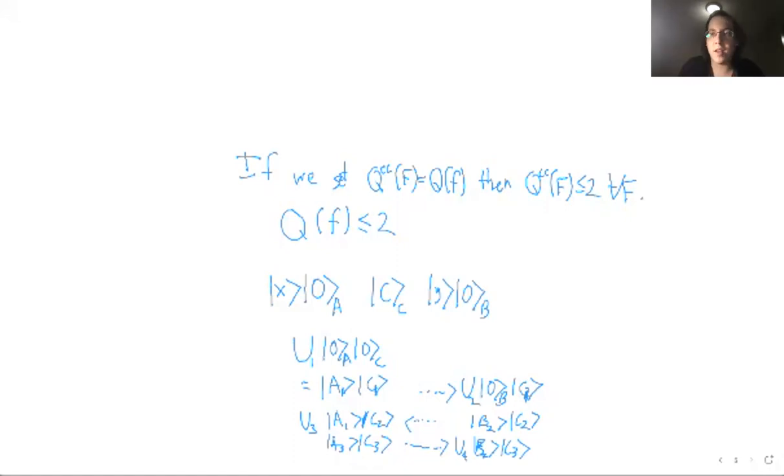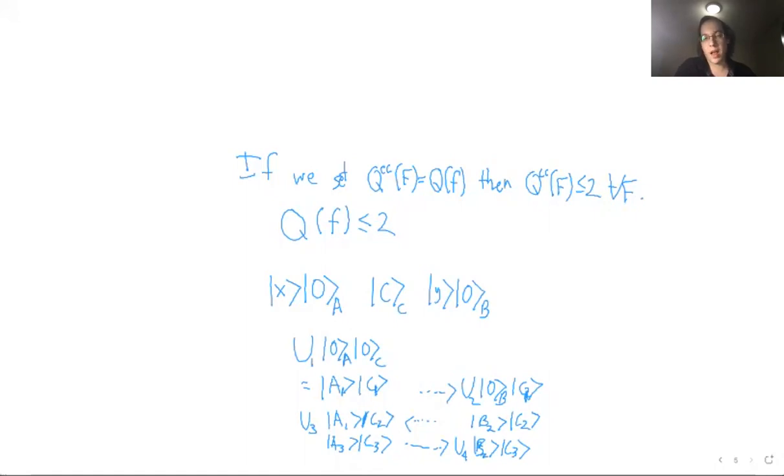So we assume for simplicity that Alice and Bob will take turns communicating, and they just modify this single qubit register C by applying unitaries to it.